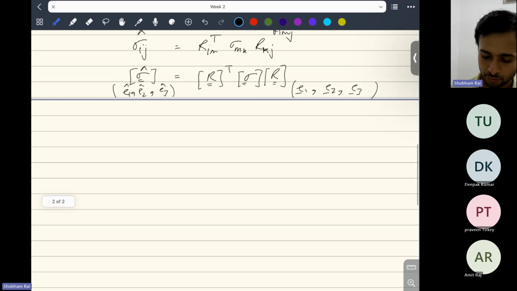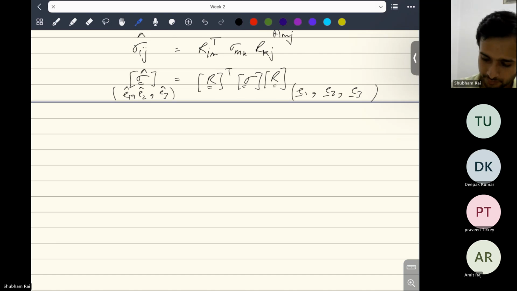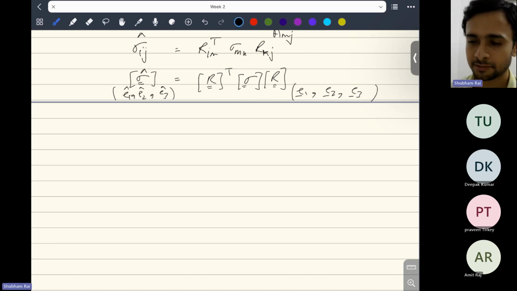Now, let's say you want to transform a vector. So what was the formula for transformation of a vector? You remember from the class? Let me just write it.